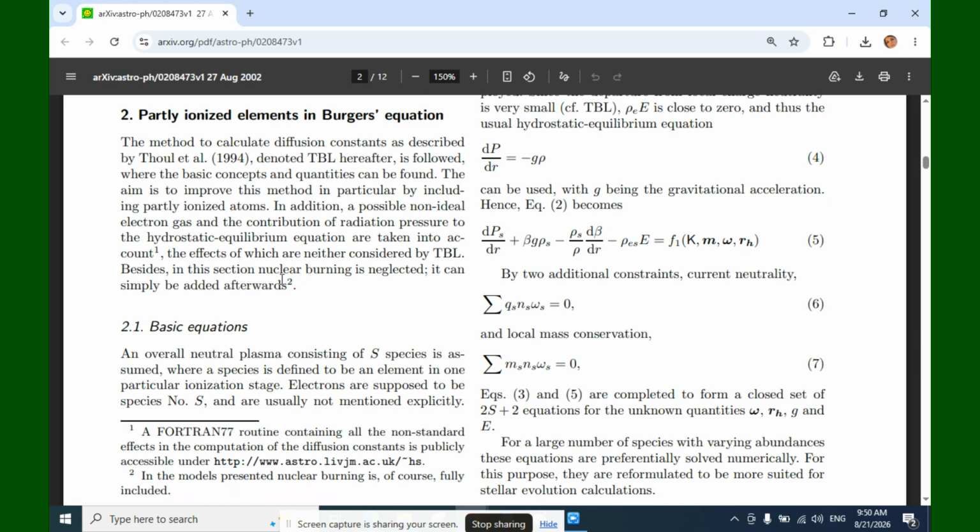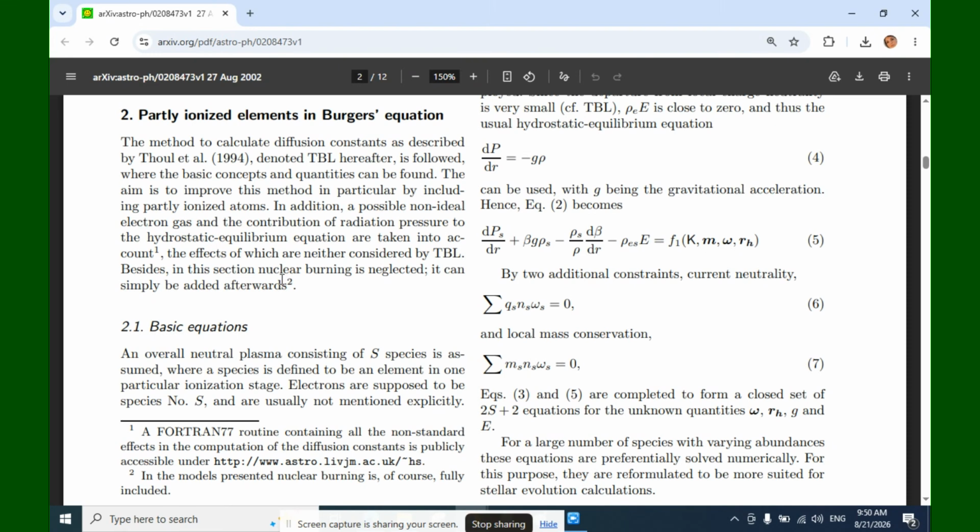By two additional constraints, current neutrality is based on the equation sum of q_s n_s omega_s is equal to 0, and local mass conservation, sum of m_s n_s omega_s is equal to 0.